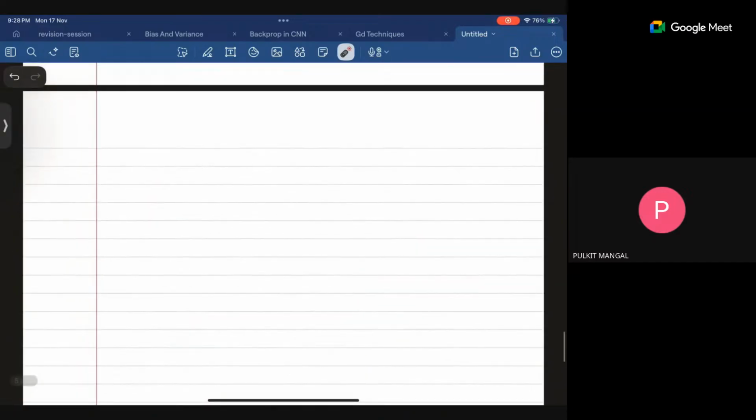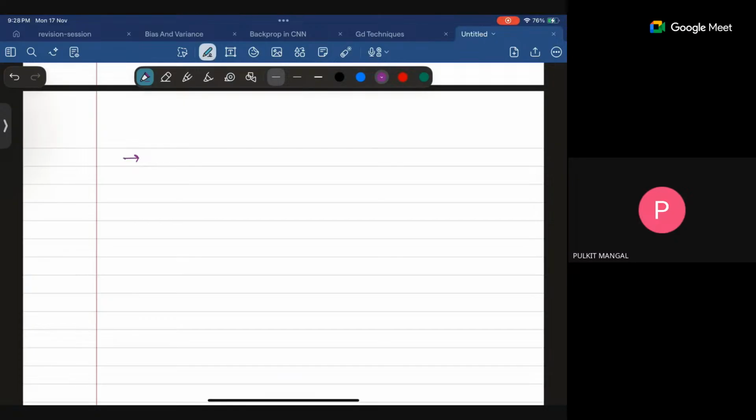So let me use the example. Let's suppose, use what was there in question one.